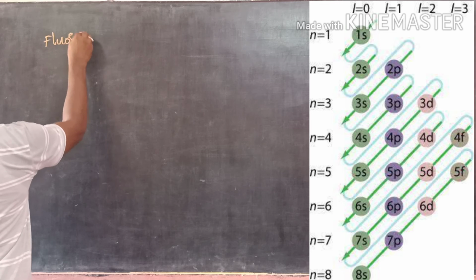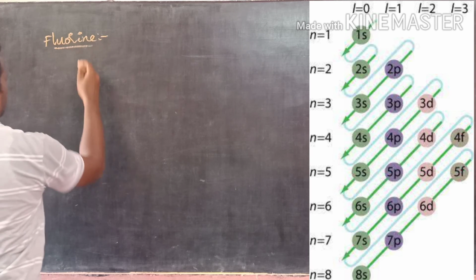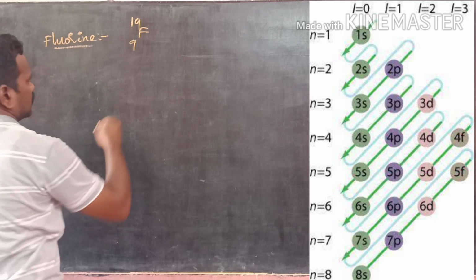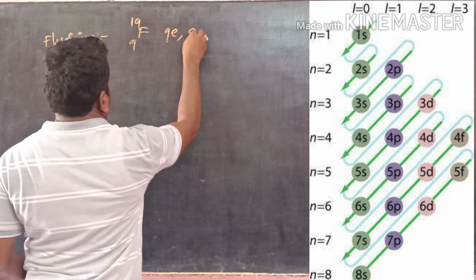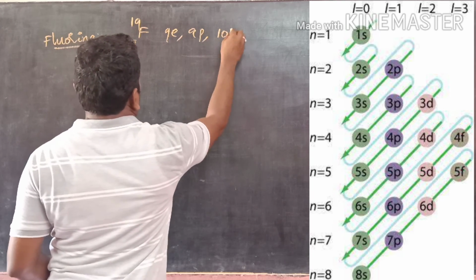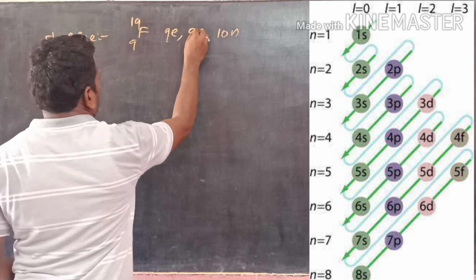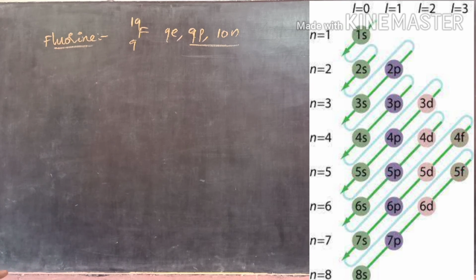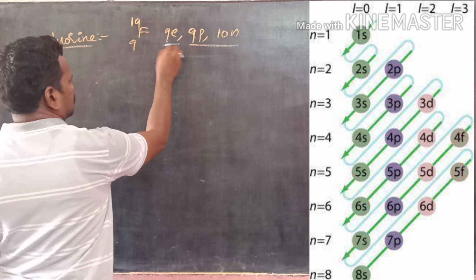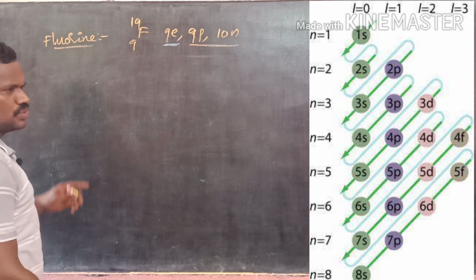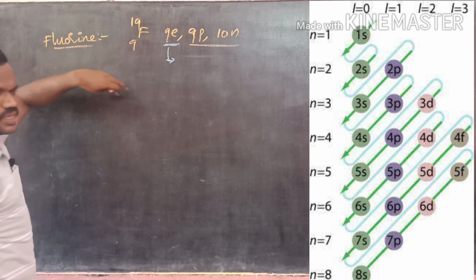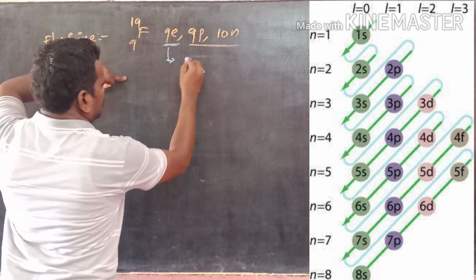Another element is fluorine. Its general representation is F-19 with atomic number 9. That means it contains 9 electrons, 9 protons and 10 neutrons. These 9 protons and 10 neutrons are there inside the nucleus. Then what about these 9 electrons? As per the Aufbau rule, first of all they try to occupy the orbital of lowest energy, that is 1s.